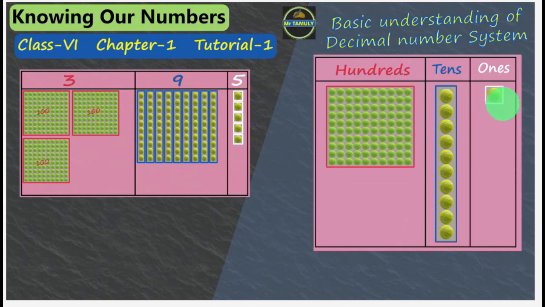Okay, this white box containing a single tennis ball, this blue box containing 10 tennis balls, and this red box containing 100 tennis balls.